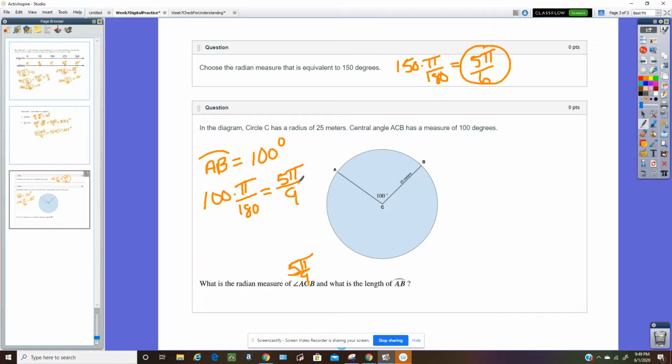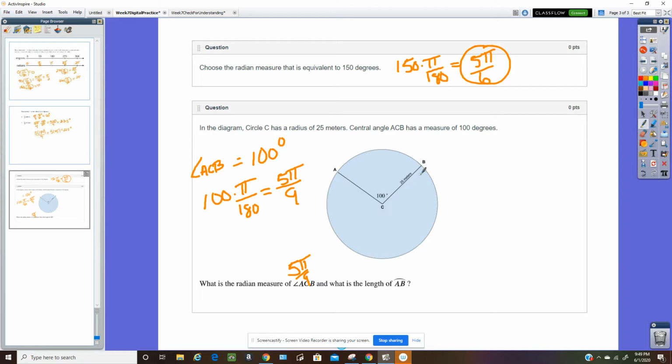That's for angle ACB. So let me erase this here. So angle ACB is 100. Changing that to radians, 5 pi over 9.